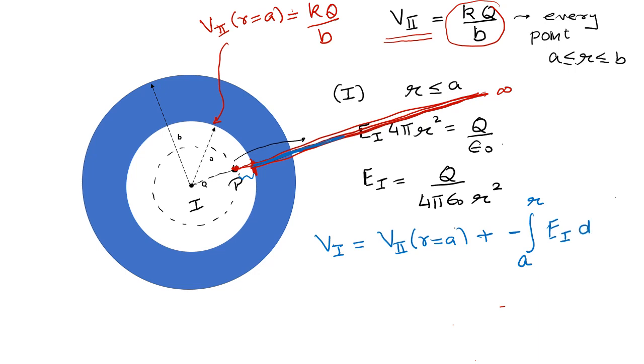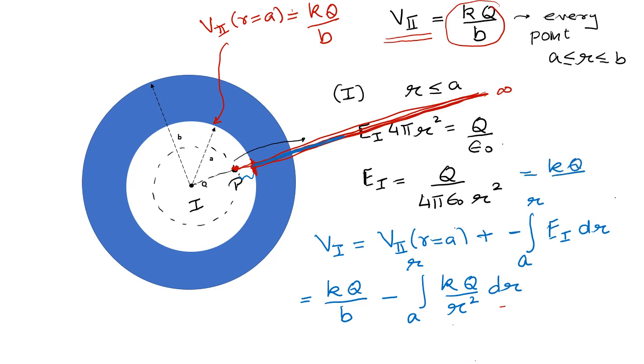Electric field is E1 dr. So that becomes KQ by B minus integral from A to R of KQ by R square dr. I just substituted this value of E1 and wrote it as KQ by R square. And we basically get KQ by B plus KQ by R minus KQ by A.